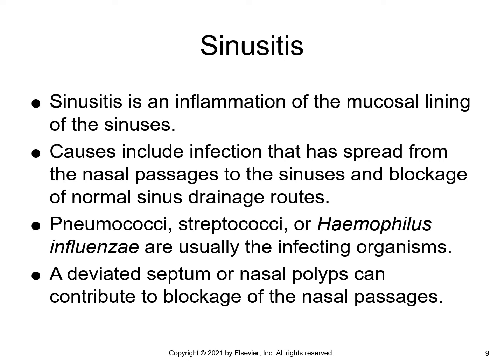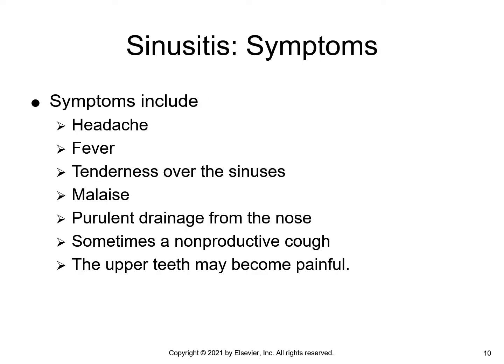People with a deviated nasal septum or allergy problems tend to have recurrent sinusitis. Symptoms will include tenderness over the sinuses, purulent drainage from the nose, nasal obstruction, and sometimes a non-productive cough. The upper teeth may also become painful.